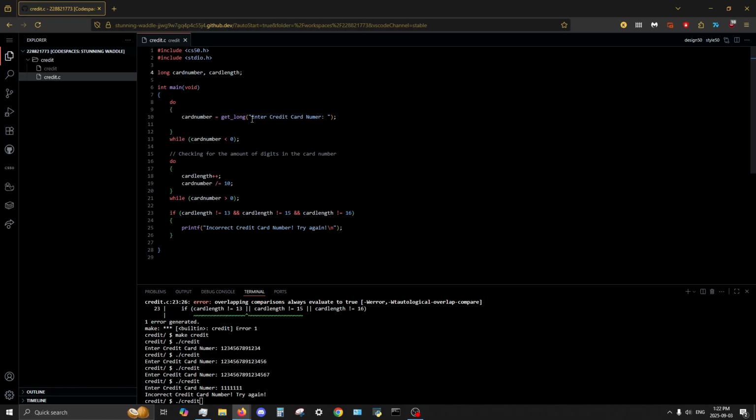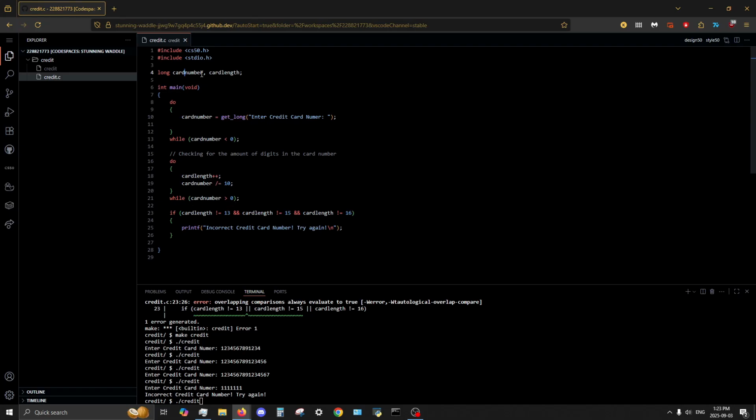So then we say enter the credit card number as long as the credit card number is not 0 and it's an integer, it's going to accept it. So then we need to check the amount of digits in the card. So we did a do loop that reduces the card number by 1 every time it goes through the loop.